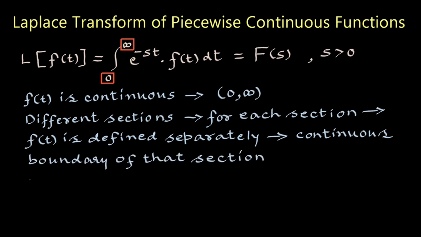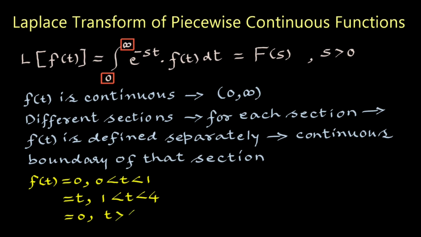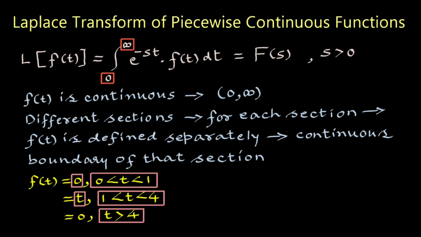For example, f(t) is 0 for t between 0 and 1, it is t for t between 1 and 4, and it is 0 again for t greater than 4 up to infinity.